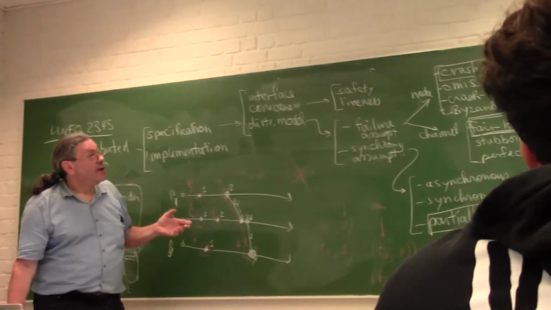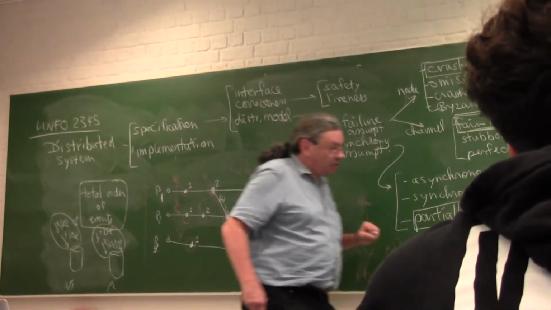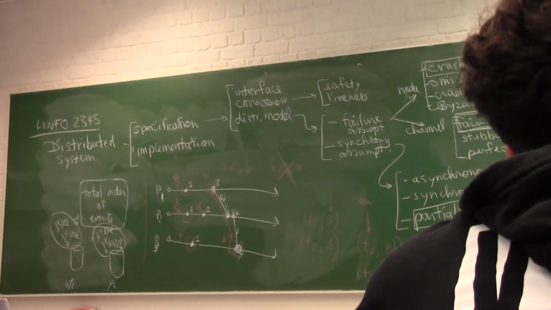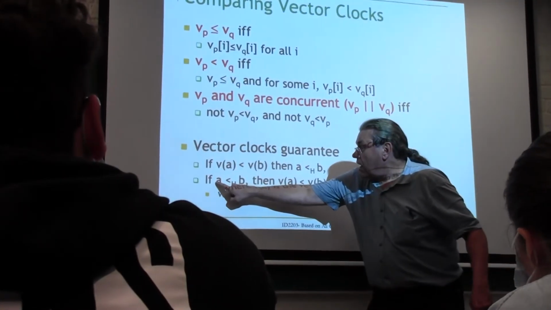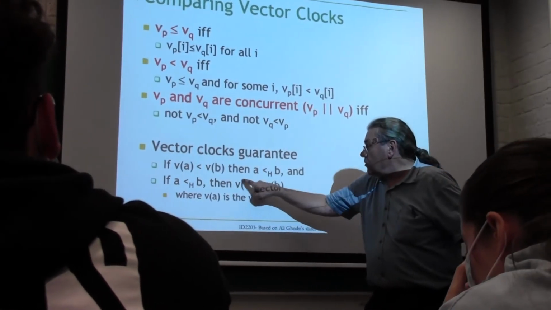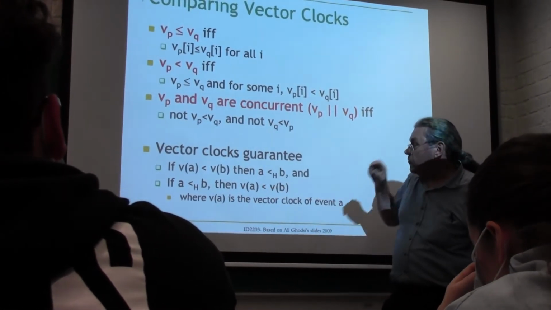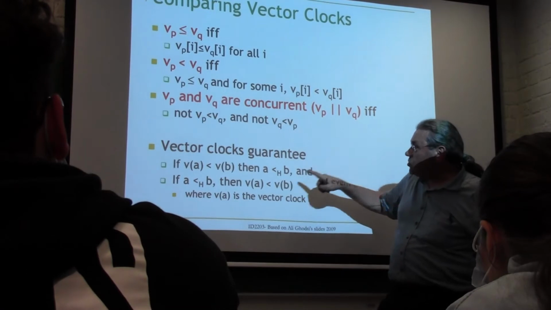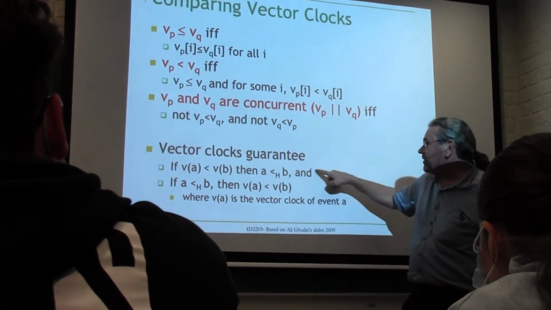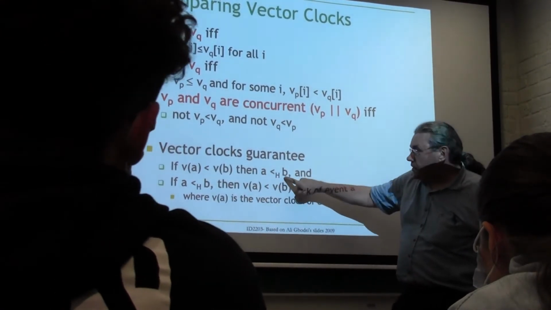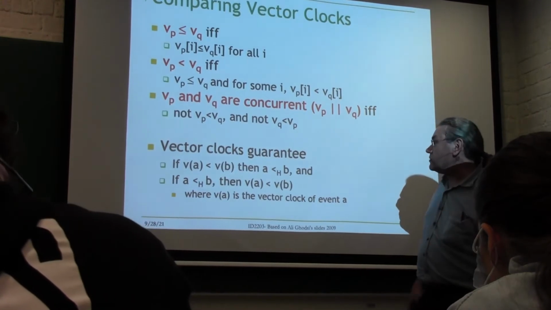The vector clock gives you, in addition to Lamport, since Lamport does the second one: if A happens before B, then the clock for A is less than the clock for B. But Lamport does not give you the first one. With the vector clock you can actually say when events are causally connected.